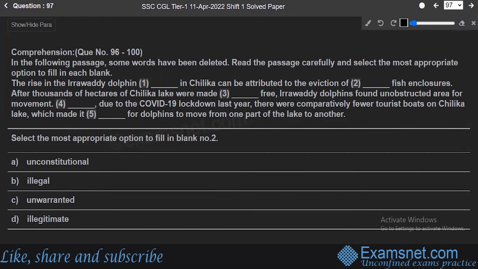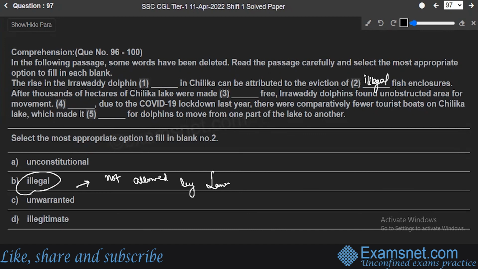See, the most appropriate word for the given blank can be illegal in this case, which means something which is not allowed by law. Right? So in Chilika it can be attributed to the eviction of illegal fish enclosures.